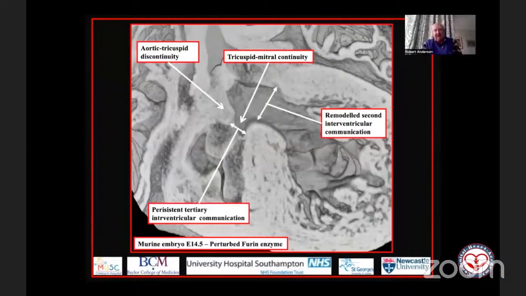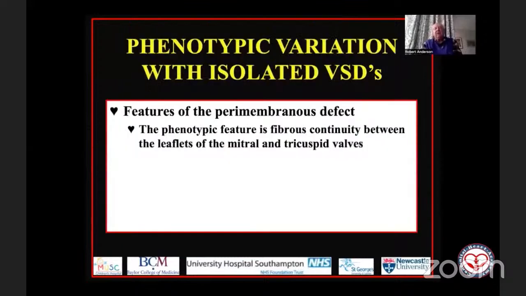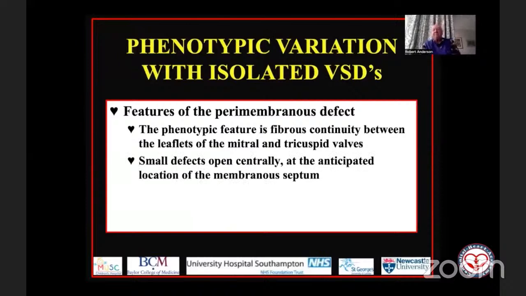And that is the phenotypic feature of the perimembranous defect. We used to think it was fibrous continuity between the leaflets of the aortic and tricuspid valves, and that is often the case, but not always. So now what we're going to emphasize is that it is the continuity between the mitral and tricuspid valves that is the unifying phenotypic feature.